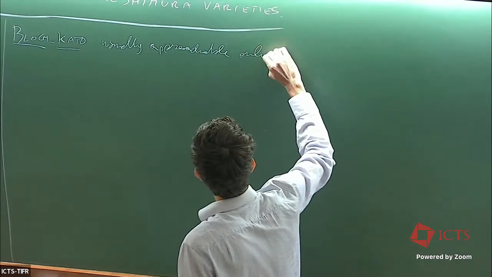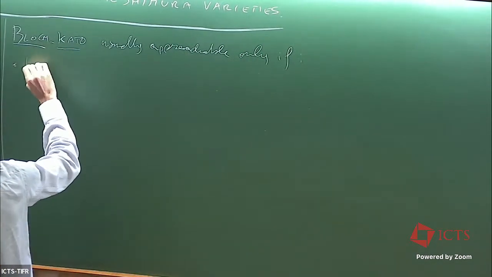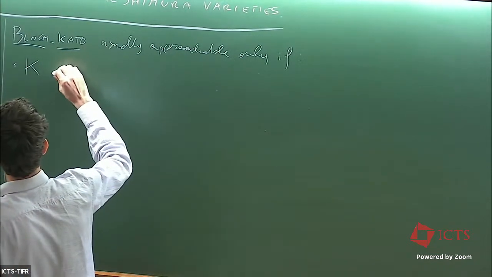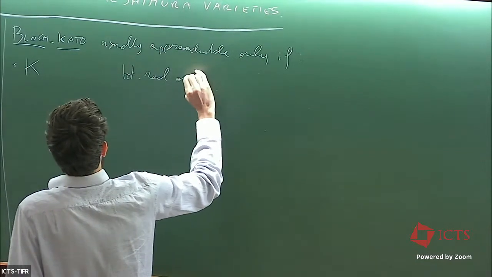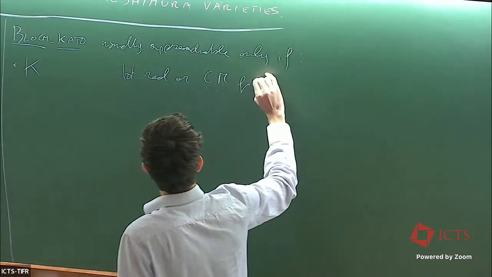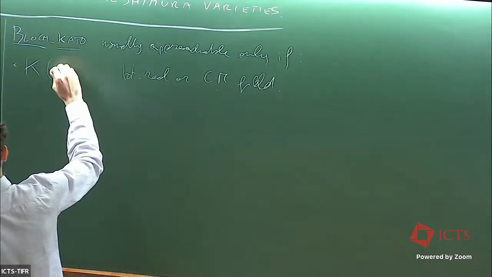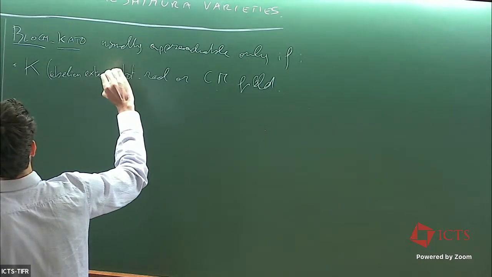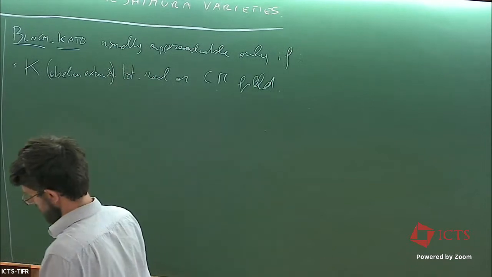So let me say only if two things happen. The first thing is that K cannot be for the moment an arbitrary field, but mostly a totally real or imaginary quadratic field. Or maybe if you do Iwasawa theory or some equivariant stuff, you can take abelian extensions of such.